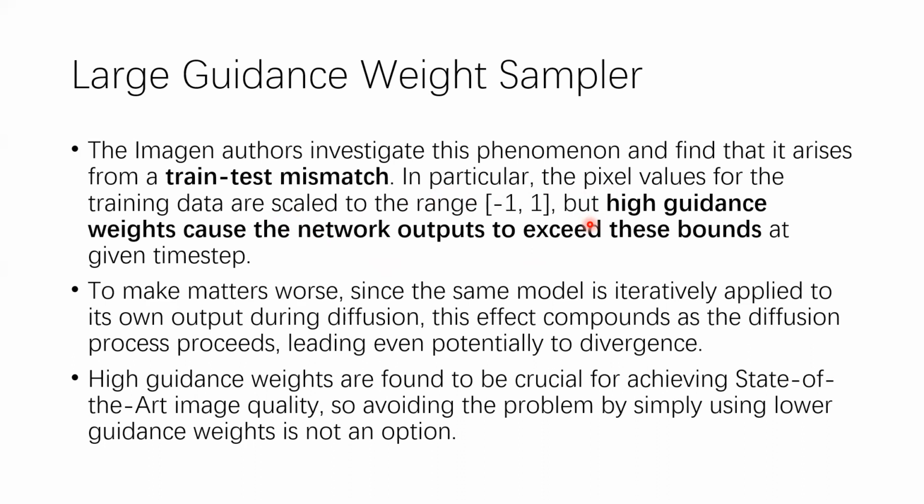To make matters worse, since the model is iteratively applied to its own output during diffusion, this effect compounds as the diffusion process proceeds, leading even potentially to divergence. However, high guidance weights are found to be crucial for achieving state-of-the-art image quality, so avoiding the problem by simply using lower guidance weights is not an option.